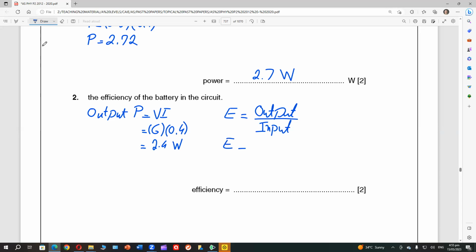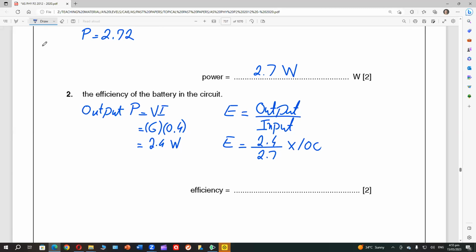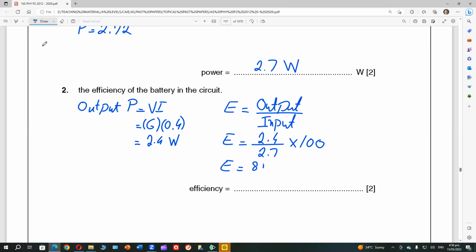It is 88.24%. Right. Then I should write 88.